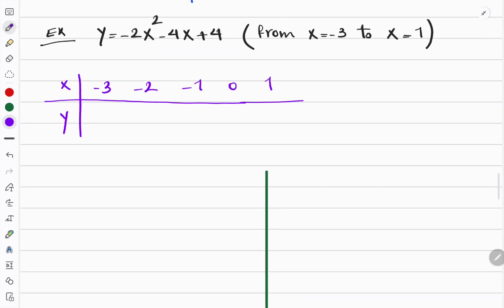So, for x is negative 3, y is negative 2 times negative 3 squared minus 4 times negative 3 plus 4, which is negative 18, positive 12, plus 4, negative 2.